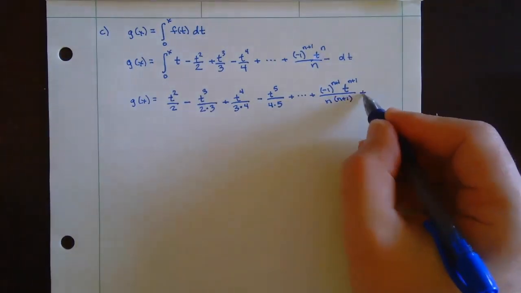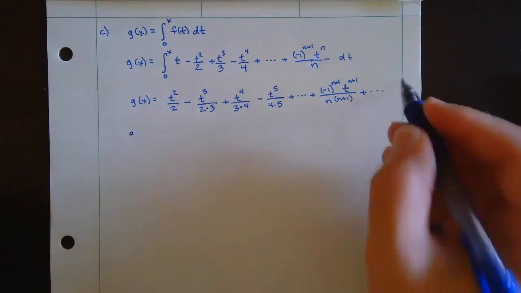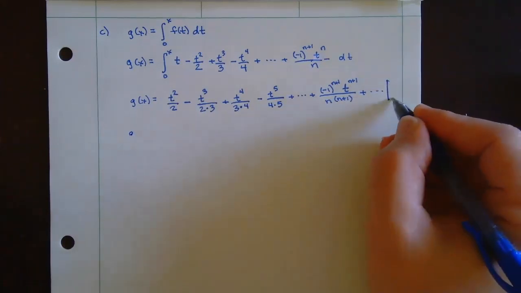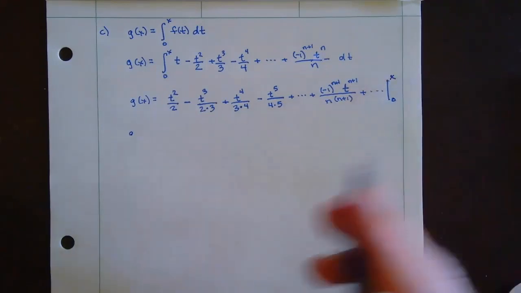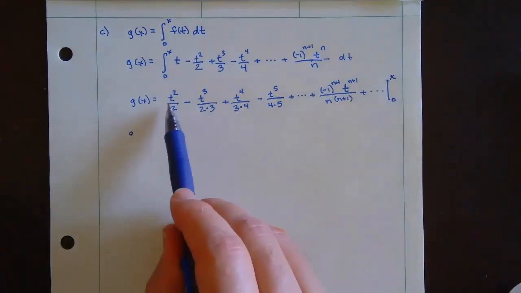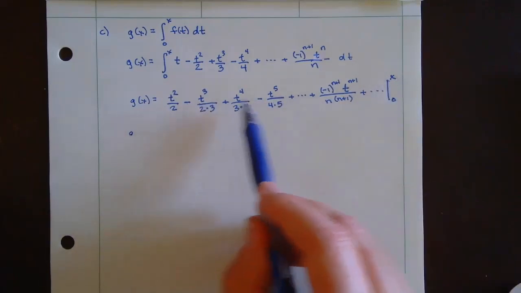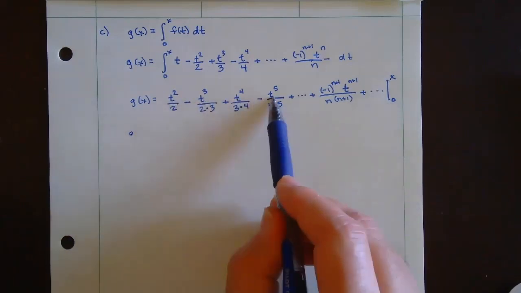And then plus ... Okay, so g of x, whoa, I forgot, we've got to evaluate this from 0 to x. Now what's going to happen everywhere we see t is we're going to replace it with the x. So what happens when we do this one? Well, all of these are going to be zeros.